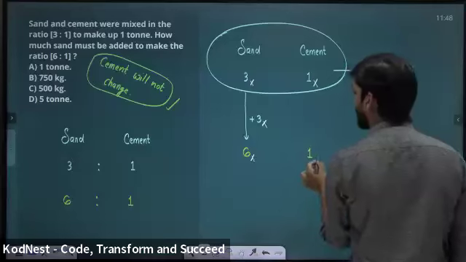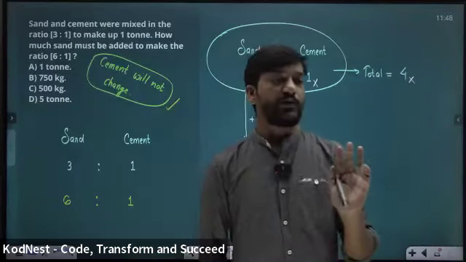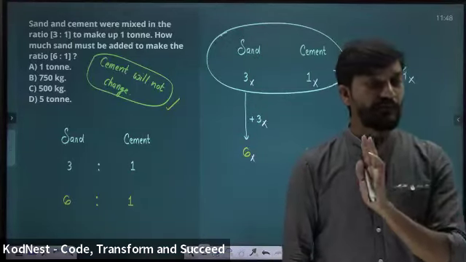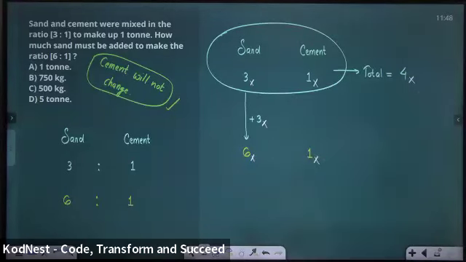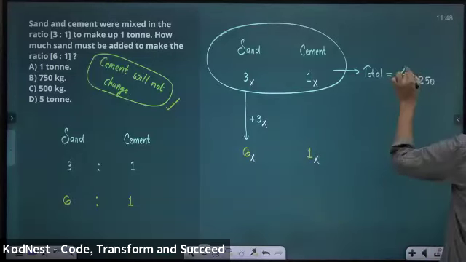What should I multiply? 250. All of you agree with me? 250 will give you the right values everywhere, all the places, not just this place. Every place you will get the right values. Okay, 250 into 4, 1000.